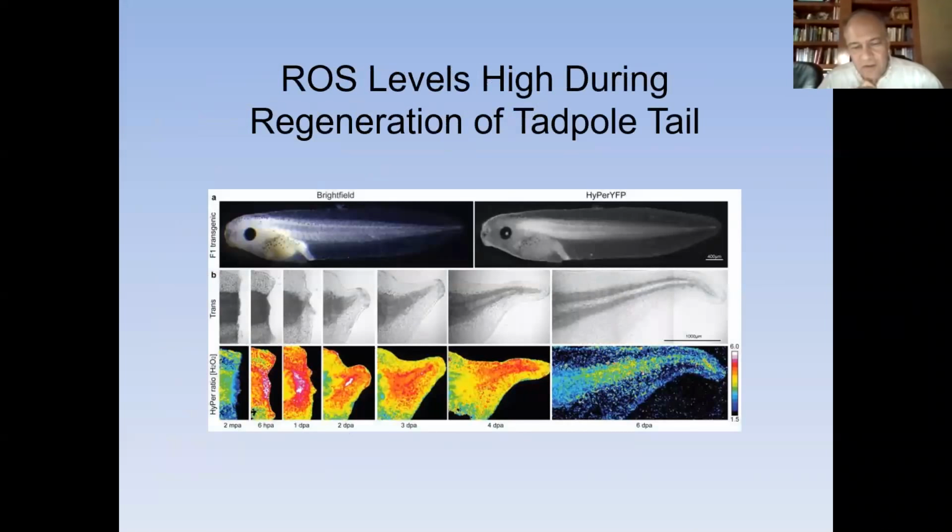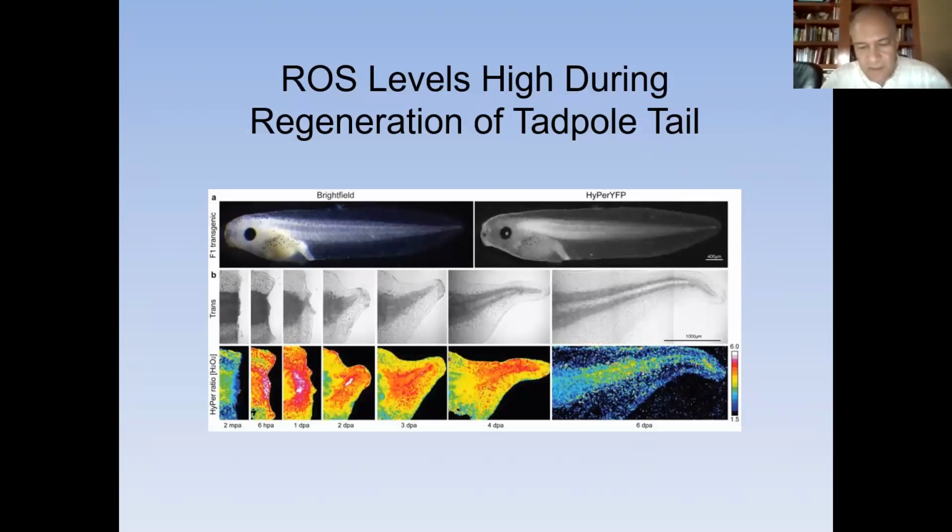They also are very active in the regeneration of tissue. This is a tadpole that has its tail cut off, and of course it regenerates. The red and yellow in this is high levels of reactive oxygen species, and you can see as the tail regenerates after a time that the highest area of oxidation is in the area of regeneration of the tail.